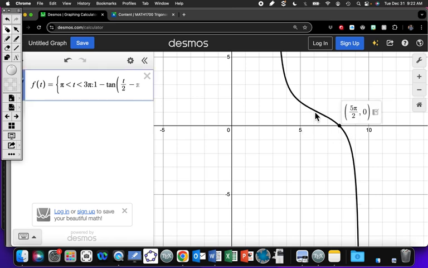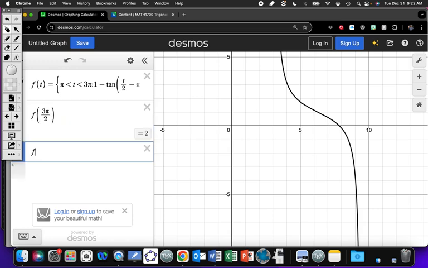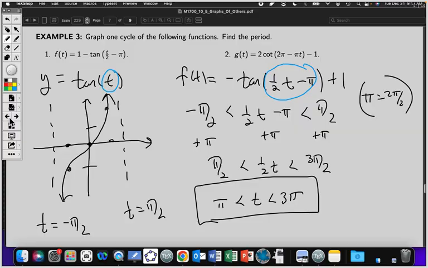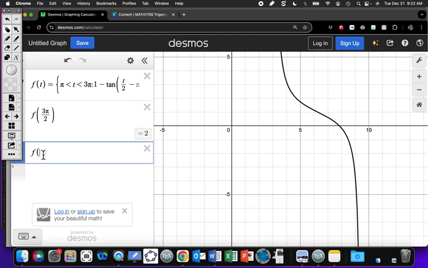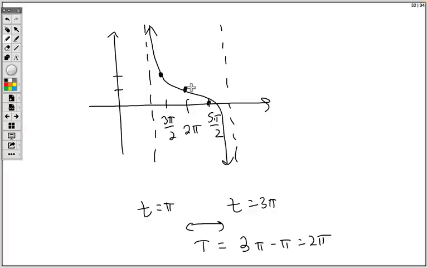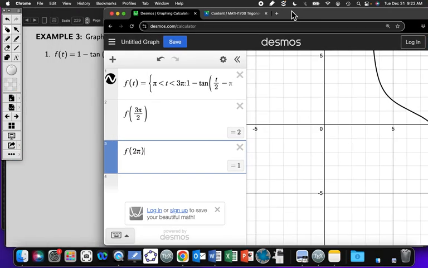Yeah, there's our 5 pi over 2, 0. We could check at 3 pi over 2 that we're at 2, and we could check at, what was the other one? Yeah, 3 pi over 2, and then we could check at 2 pi. Right, so there's our 2, 1, 0. 2, 1, 0. Okay? All right, let's take a look at that cotangent now.